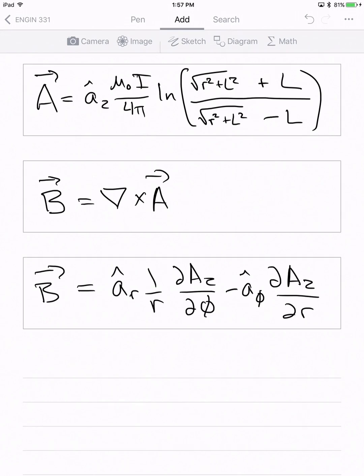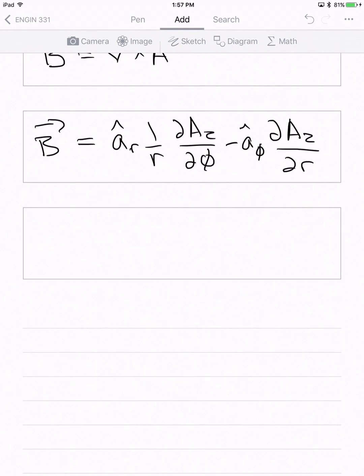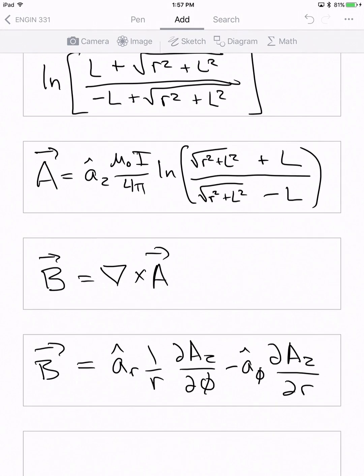Now that first term goes to 0 because there's no phi dependence in our expression for A. You can go back up and verify that by looking at it. There's no phis in this equation here.